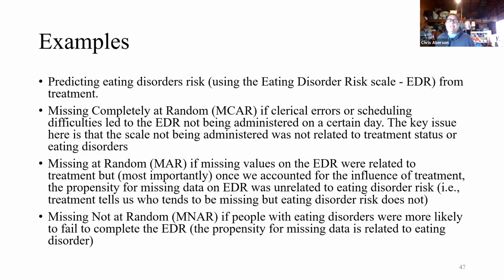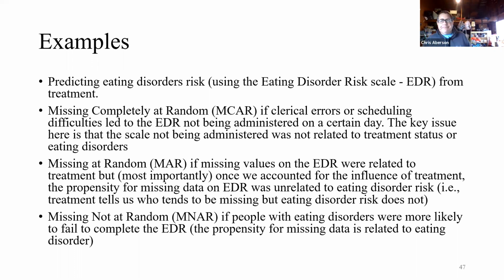All right, some examples. Let's say I'm predicting eating disorders. I get an eating disorders risk scale. It's MCAR if scheduling difficulties perhaps led to that instrument not being administered on a certain day. Again, that scale being administered was not related to treatment status, wasn't related to eating disorders. It was related to some other factor that had nothing to do with the individual.